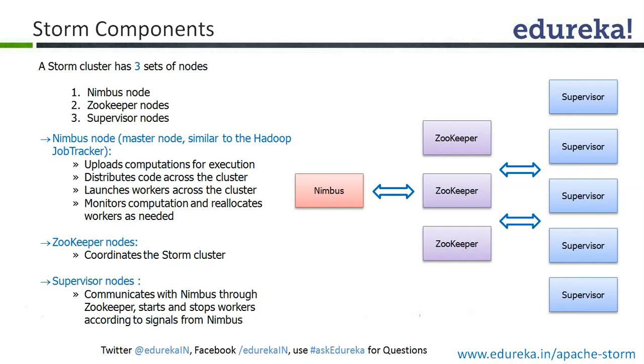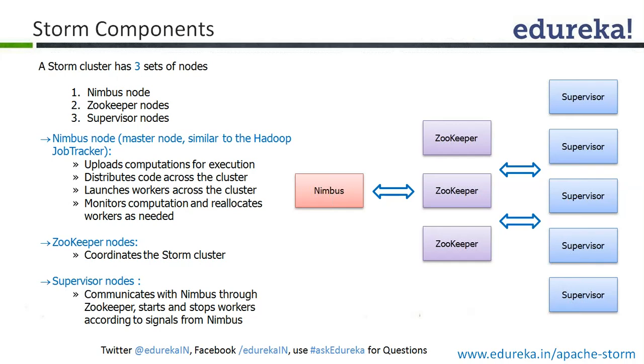That's all. So as you can see, the Zookeeper nodes just play the role of coordination among the Storm cluster. Your supervisor nodes are the actual workhorses, right? They communicate back to Nimbus, again via Zookeeper, and they are responsible for starting or stopping the worker processes for the topology. So start signals, stop signals.